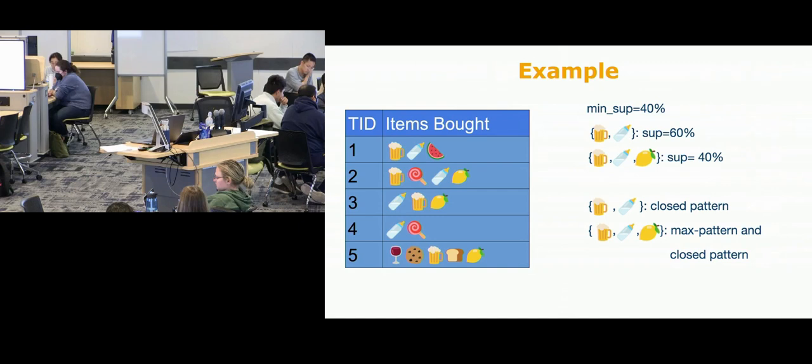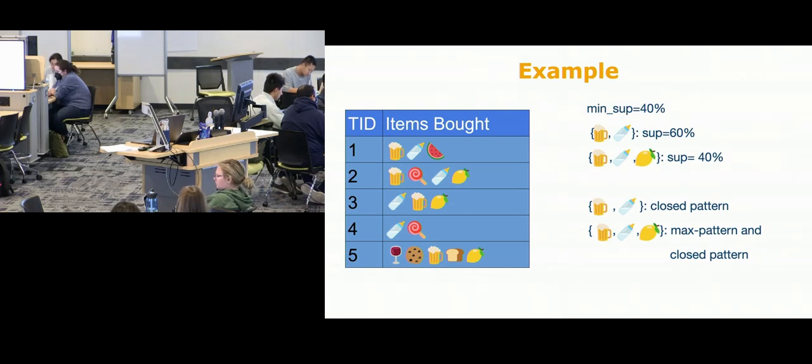Let's see an example. So here is our example from earlier. Beer and milk, it turns out, is a closed pattern. Beer and milk has a support of 60%. And what was our definition of a closed pattern?